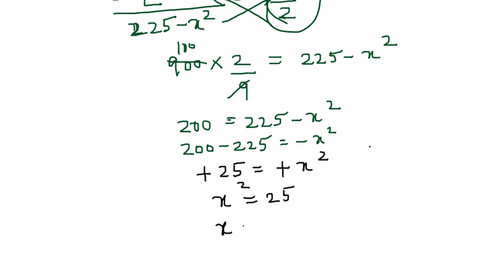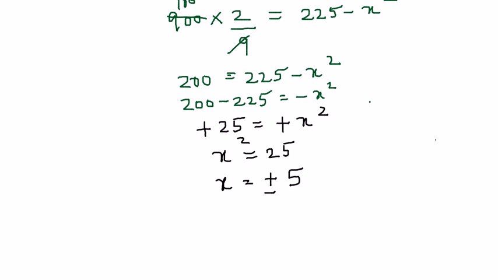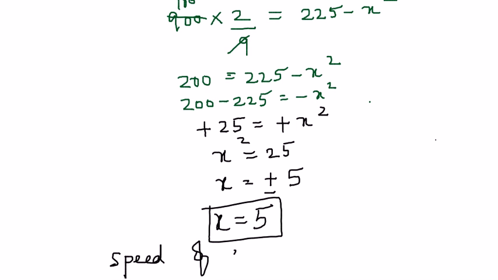So x is equal to, if you take the square root, plus or minus 5. x is the speed of the stream, and the speed of the stream cannot be negative. So therefore we take x is equal to 5. Therefore the speed of the stream is 5 kilometers per hour.